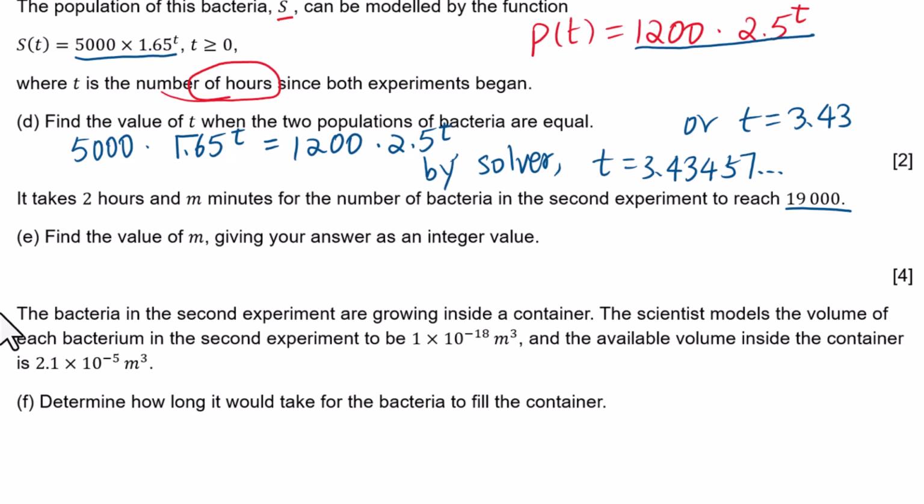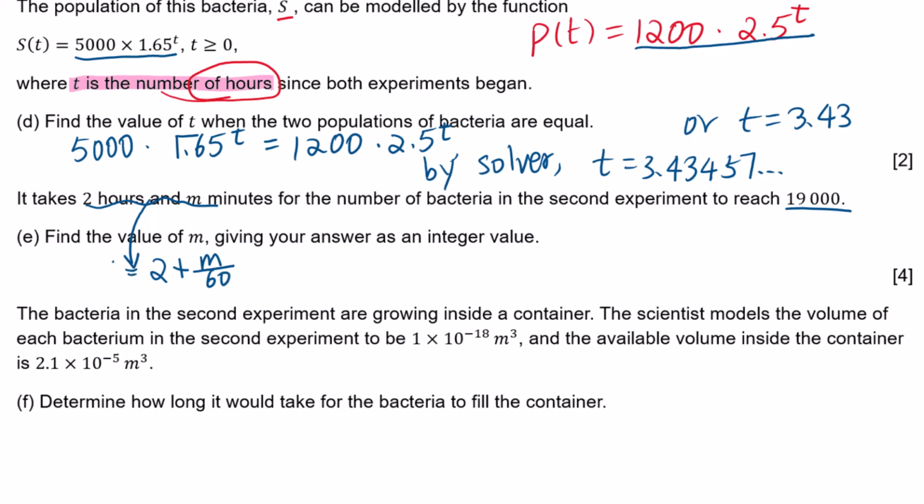It takes 2 hours and m minutes for the number of bacteria in the second experiment to reach 19,000. Find the value of m, giving your answer as an integer value. Remember, in this question, T is number of hours. So 2 hours and m minutes, you need to change this into hours. 2 plus m over 60.